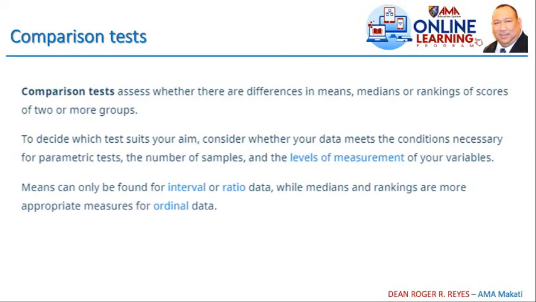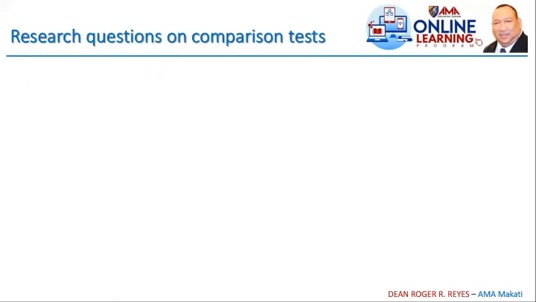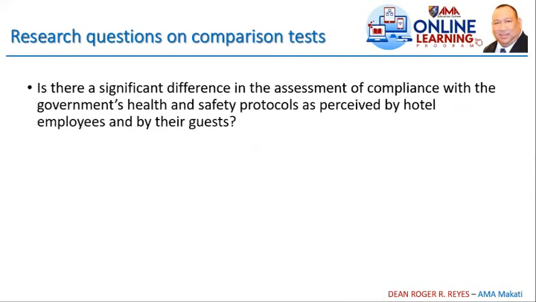Means can only be found for interval or ratio data, while medians and rankings are more appropriate measures for ordinal data. So, anong mga research question, ang ina-address ng comparison test?